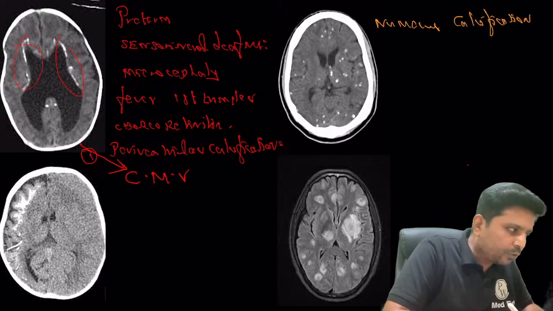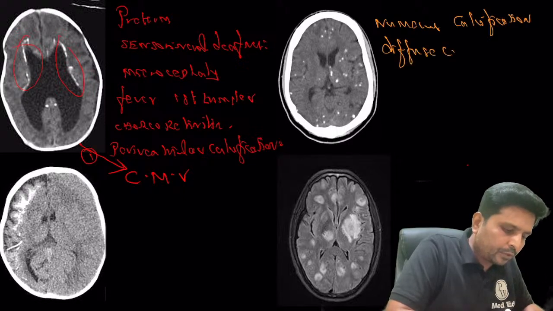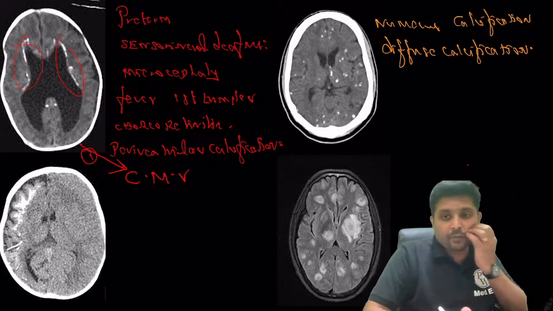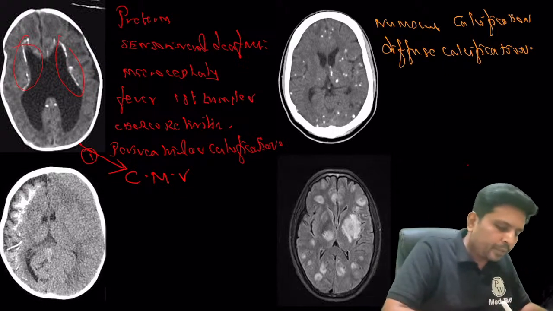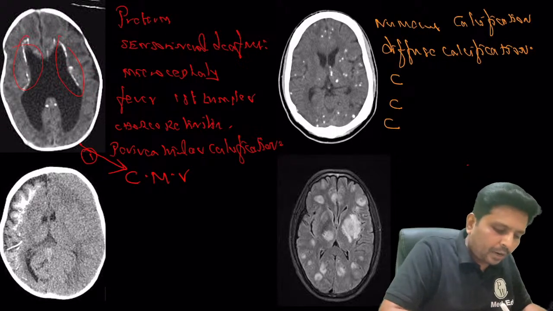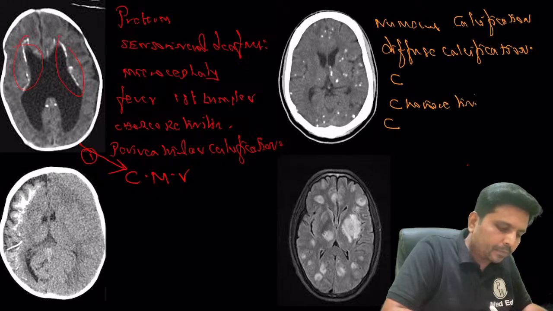This is diffuse calcification. Can you tell me in which condition? Diffuse, along with that, I will tell you CCC. What is that? Along with that, I can say chorioretinitis, hydrocephalus.